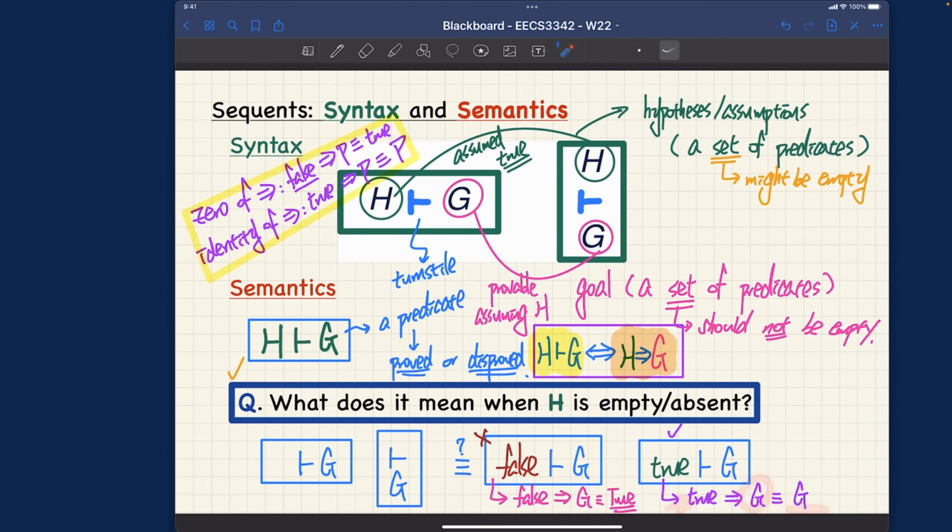All right. So that'll be the answer. So whenever you actually got, let's say, the turnstile with the hypothesis being empty, in that case, it would be equivalent to this particular turnstile. That's also something very important for you to understand. Very basic, but it's a very good exercise about manipulating the formal meaning for a turnstile, for the sequence.